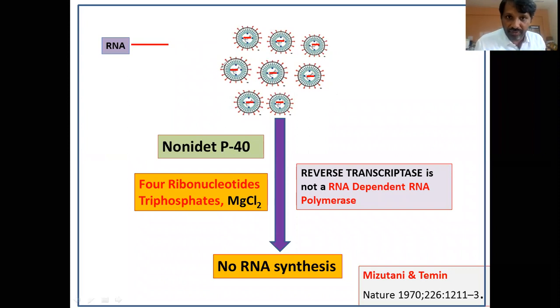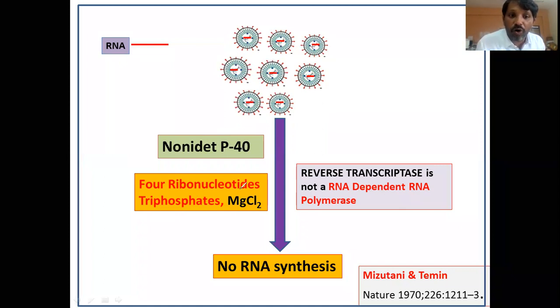Here they took the purified virions and treated them with Nonidet P-40. It's a detergent which permeabilizes the virions or virus envelope. It forms pores in the virus envelopes, which allows the passage of nucleotides.